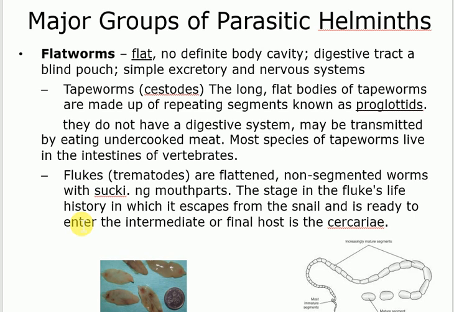They have a sucking mouth part. Okay? So which one is segmented? The tapeworm. The cestode is segmented. And what do you call these segments? Proglottids. These are the segments. Fluke worms are not segmented. It's just one piece. Okay? And they have this mouth part.